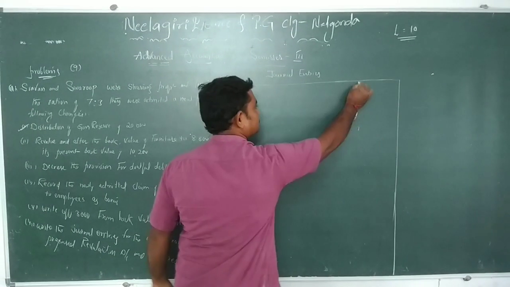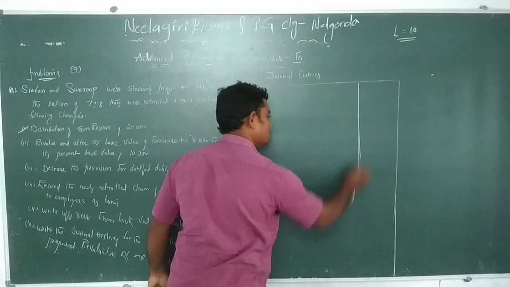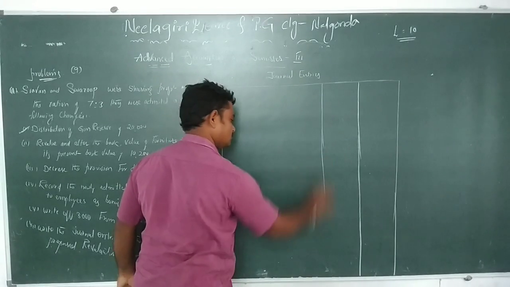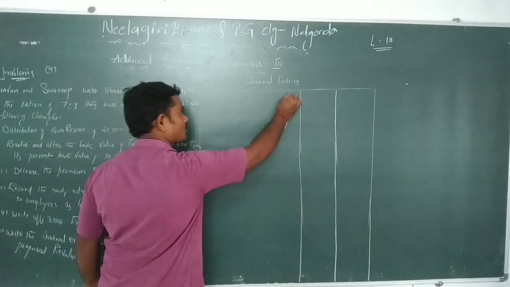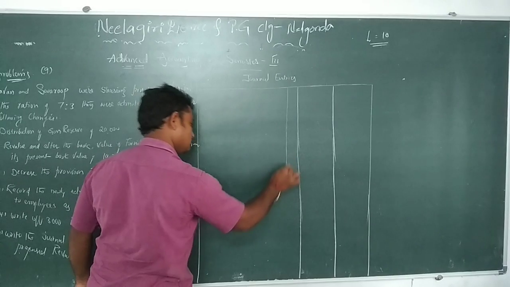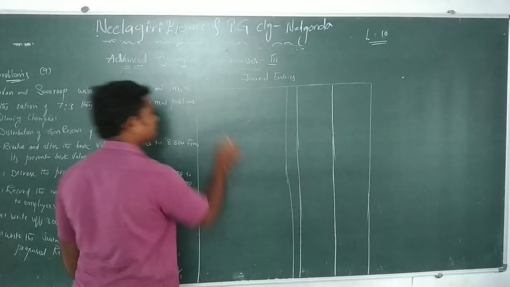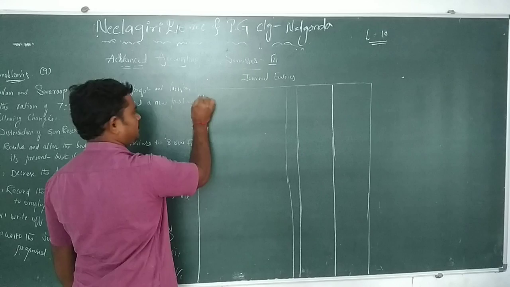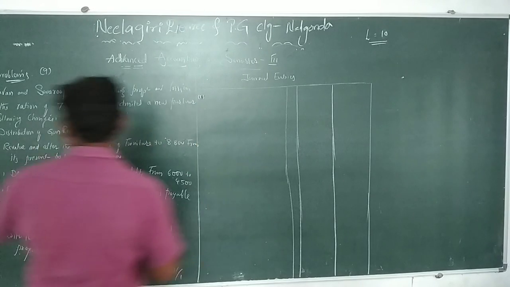Journal entries, proforma. First entry. What is the first entry? This was the general reserve.